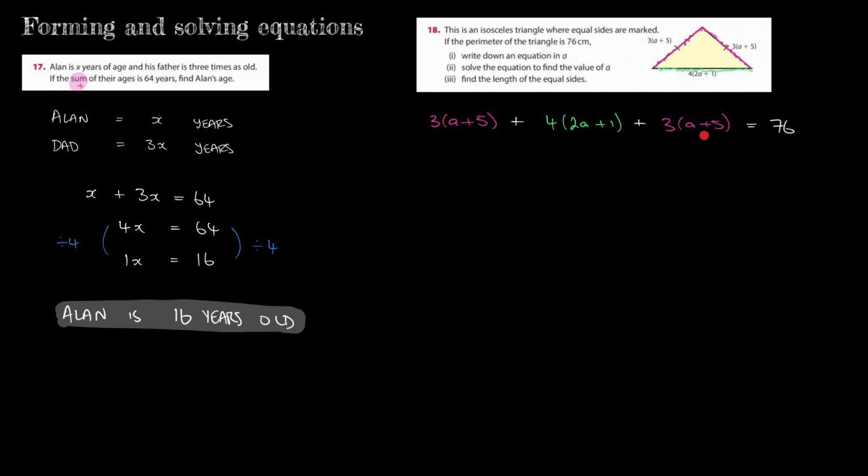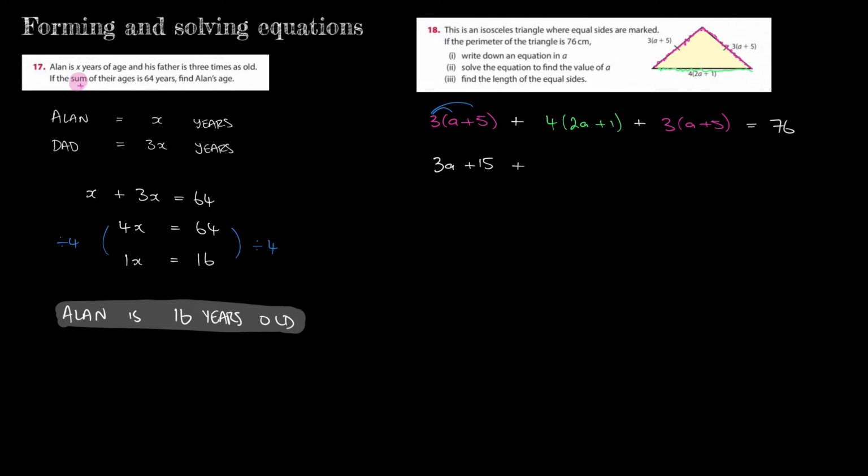So this is what they consider to be an equation. It's a bit of a messy equation, but it's an equation all the same. That would be considered the answer. I'm going to tidy it up now because the next couple of steps say solve. So 3 times A is 3A. 3 times plus 5 is plus 15.